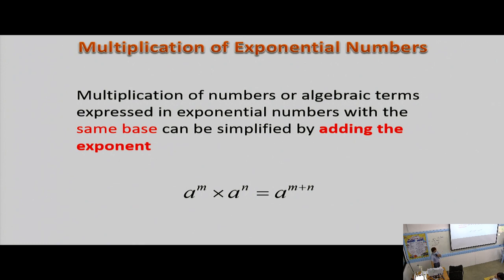Okay, let us have an example. Can you please read the example? How do you read that exponential number? X to the power of 2 times x to the power of 4. What is the base number? X. And what are the exponents? 2 and 4.